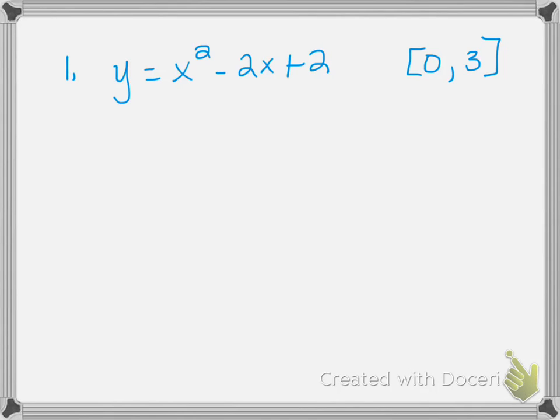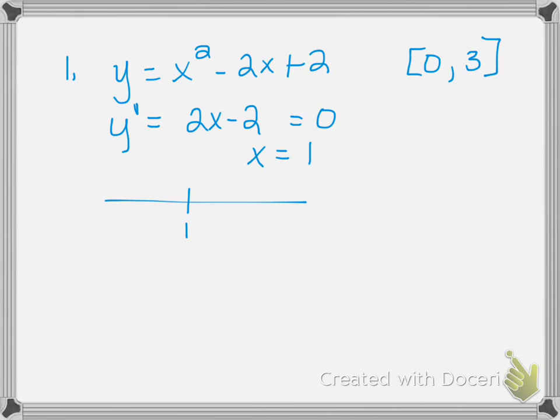So, first of all, you would find the max and mins like normal, find the derivative, set it equal to 0, figure out the zeros of the derivative and undefined places if there are any. Make a number line. Decide whether, using f prime, since this was from the derivative, decide on your negatives and positives. This one happens to be negative and then positive.